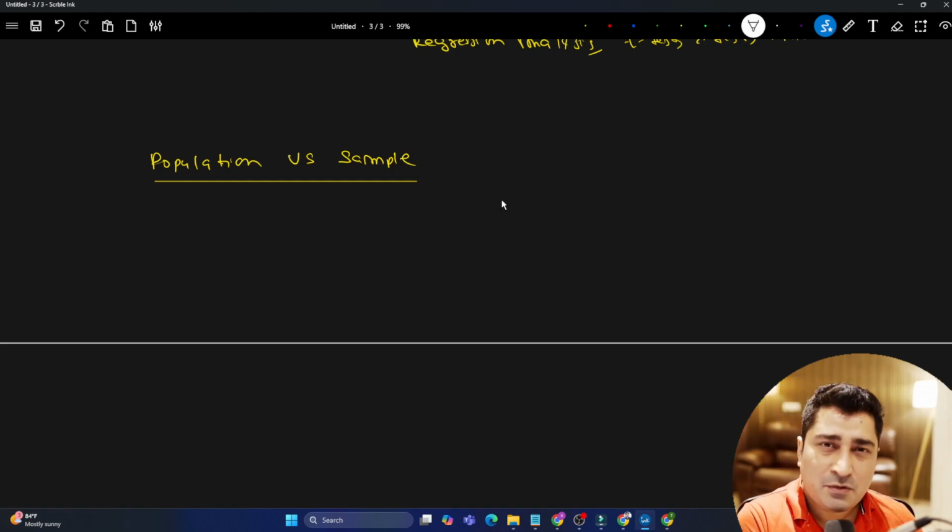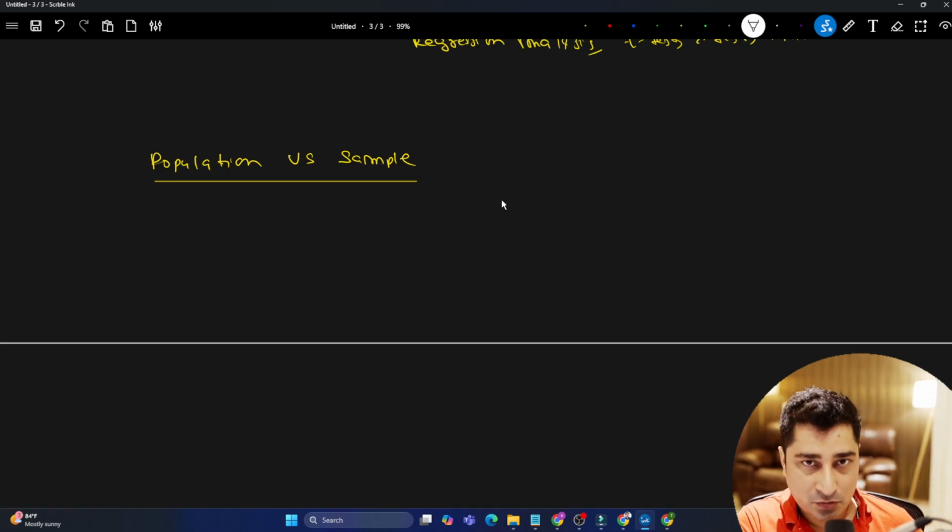Based on that information, they will conclude that this should be the budget, and this budget should go to this particular state, district, city, or set of people.